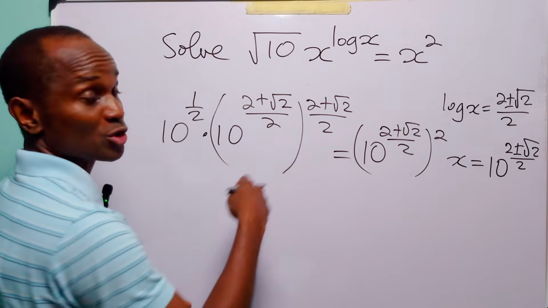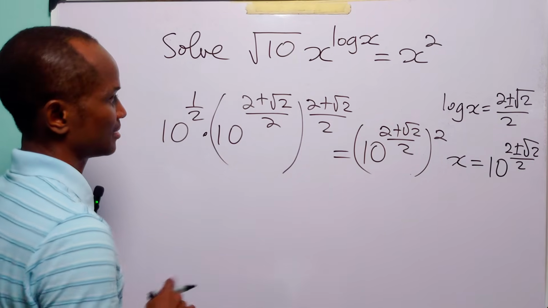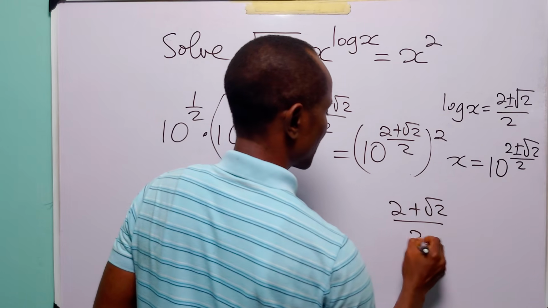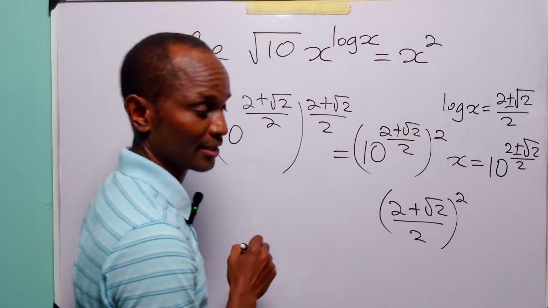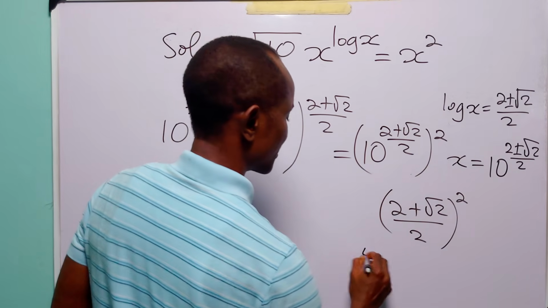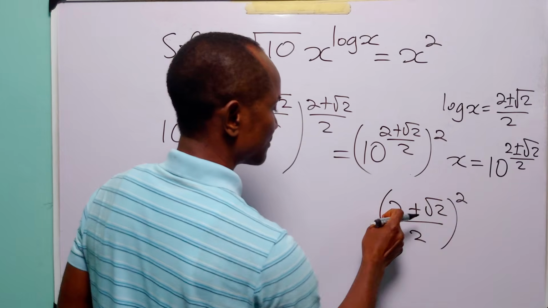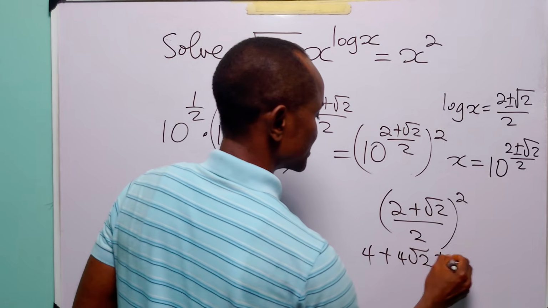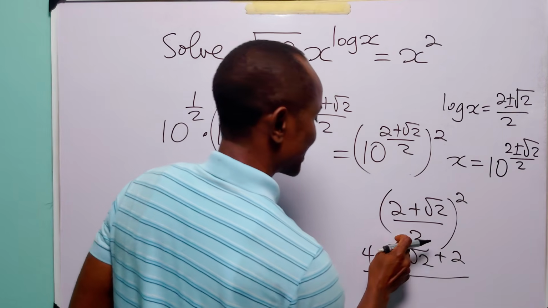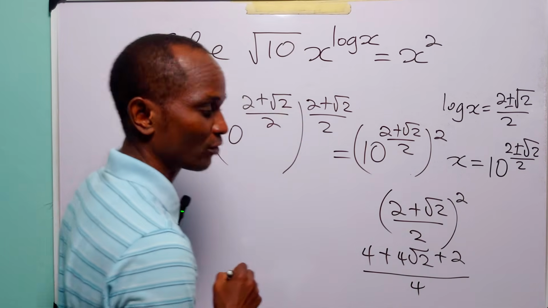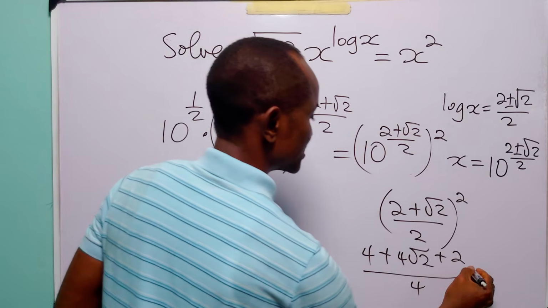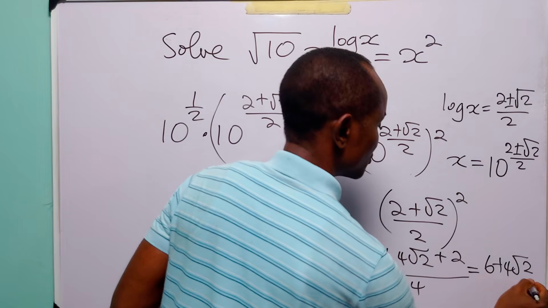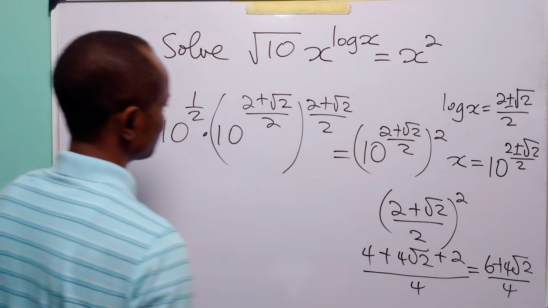Now, to evaluate this, of course, you know that we simply multiply the two powers. So when we do this, we have 2 plus root 2 over 2, squared. 2 squared is 4, plus 2 times root 2 is 4 root 2, and root 2 squared is 2, divided by 2 squared, which is 4. 4 plus 2 is 6, plus 4 root 2, divided by 4.